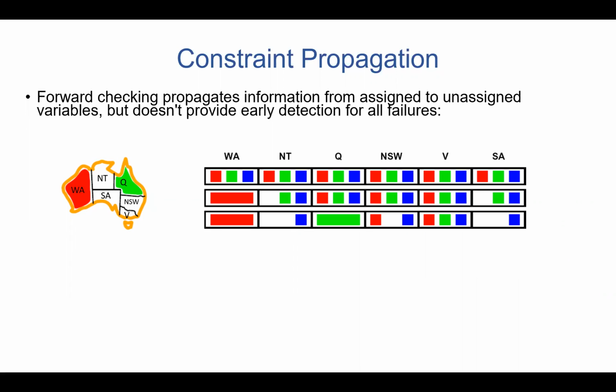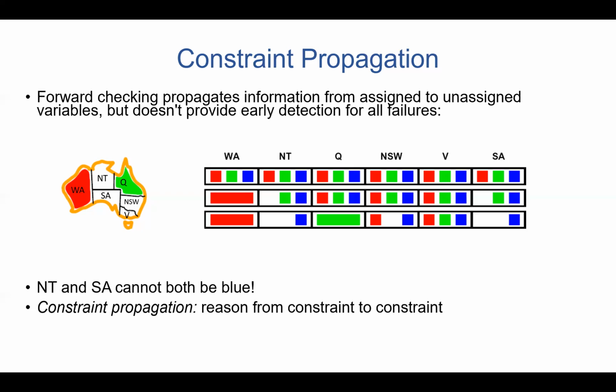Okay, so something like this. With forward checking, we get to this state, and we say that Northern Territory and Southern Australia cannot have the blue color. So you see here, Southern Australia and Northern Territory both have the blue color, and now we have violated the constraint using forward checking. So forward checking still involves some of the backtrack. Can we improve it? Yes, we can.